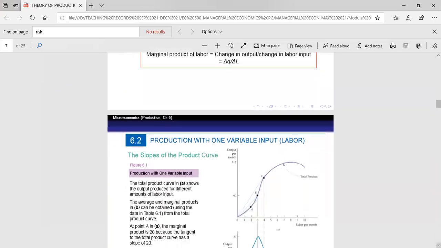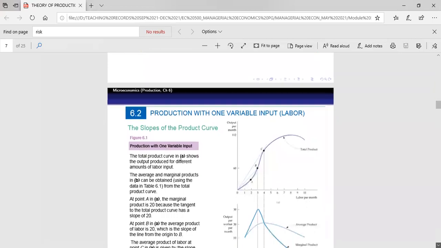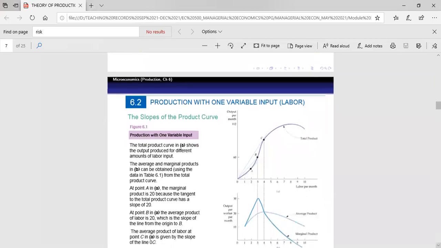We are still looking at production with one variable input, which is labor here in this perspective.